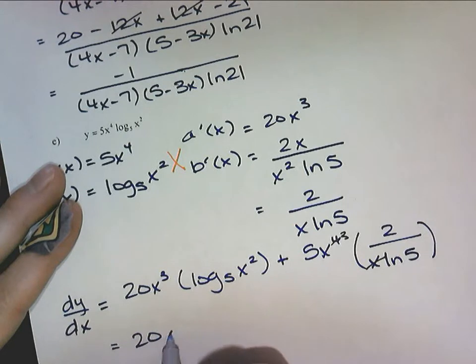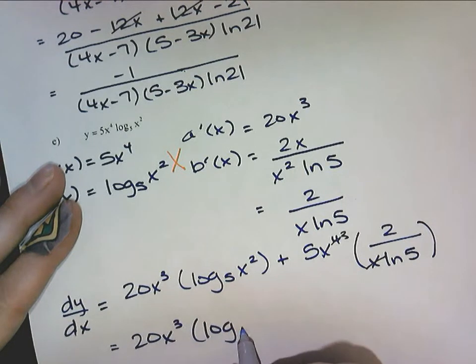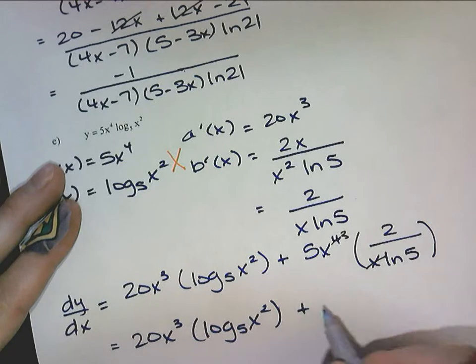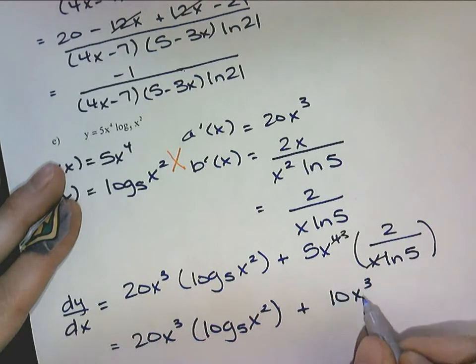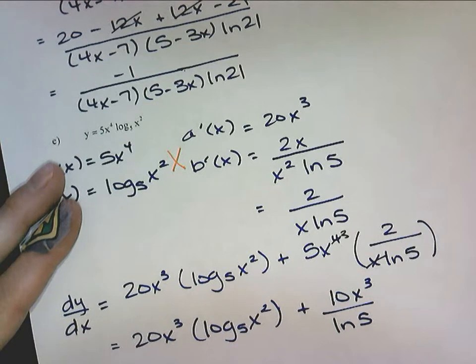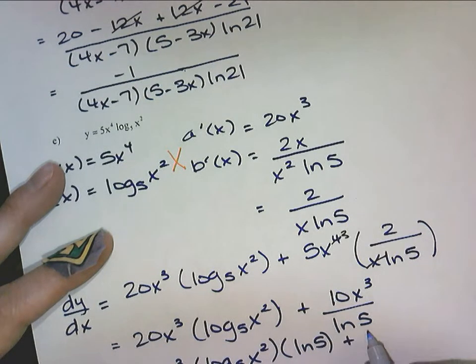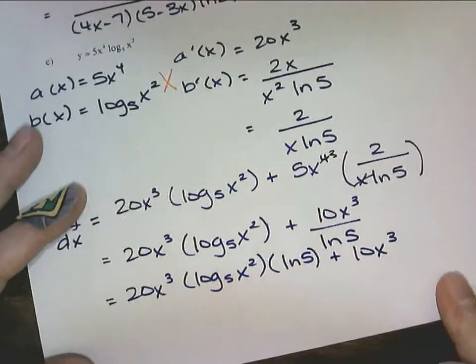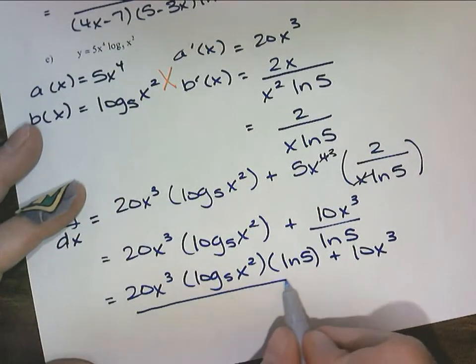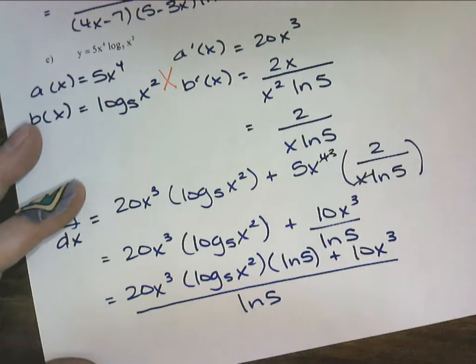And I'm going to neaten it up to 20x cubed log base 5 x squared plus 10x cubed all over ln 5. And I'm going to do some factoring and also putting it all together. So I want this over the same denominator, so I'm going to add in a ln 5 here. And I can put it all over the same denominator of ln 5.